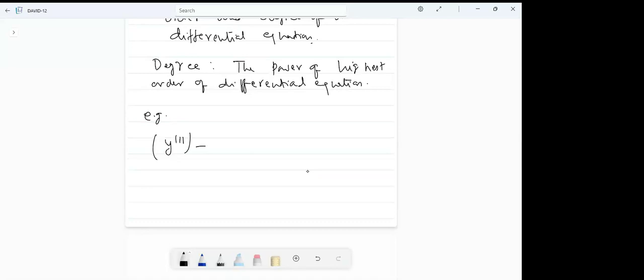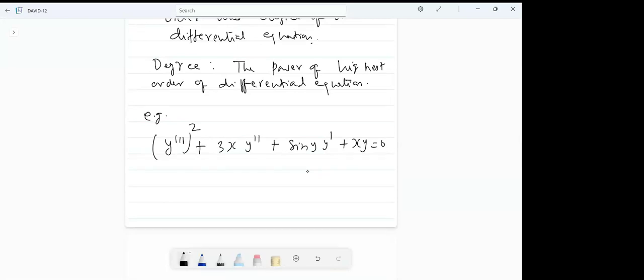Let us take an example. Suppose we have y triple dash, 3x y double dash, plus sine y equals 0. The order is obviously 3.